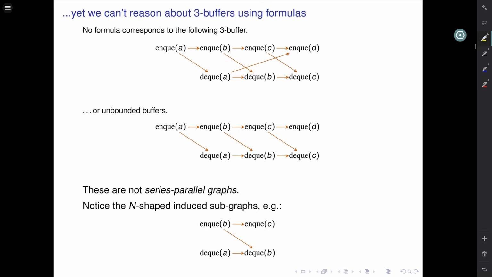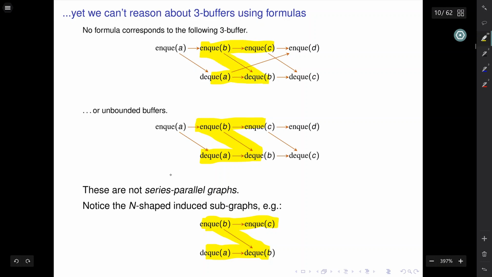In short, it's because whenever we have this N-shaped structure appearing as an induced subgraph, and this appears all over the place in these structures, then we cannot write down a formula in terms of binary operators to represent this pattern of dependencies.